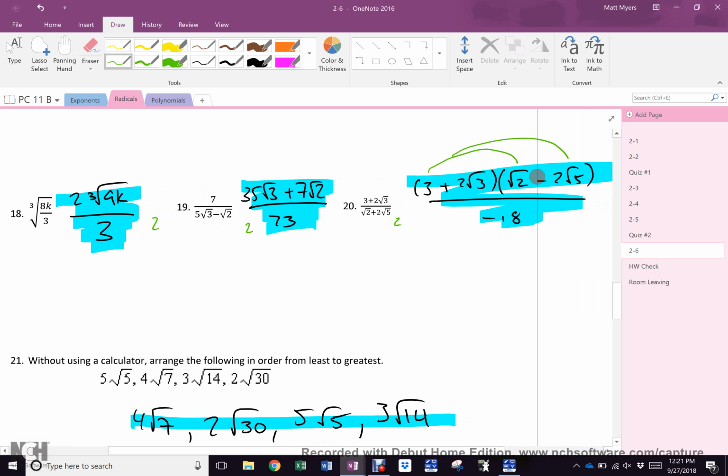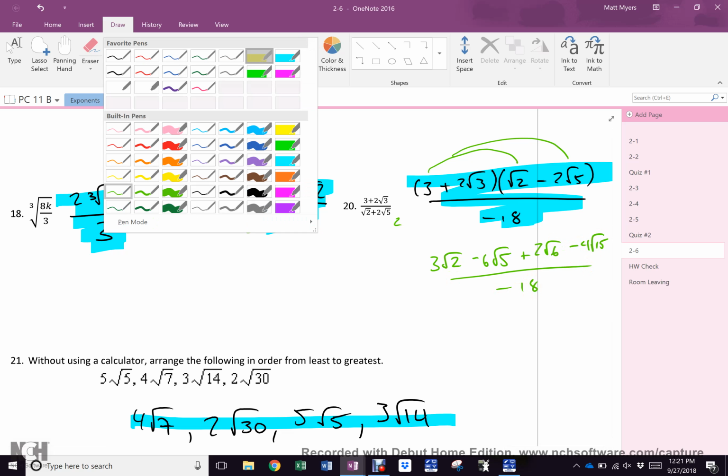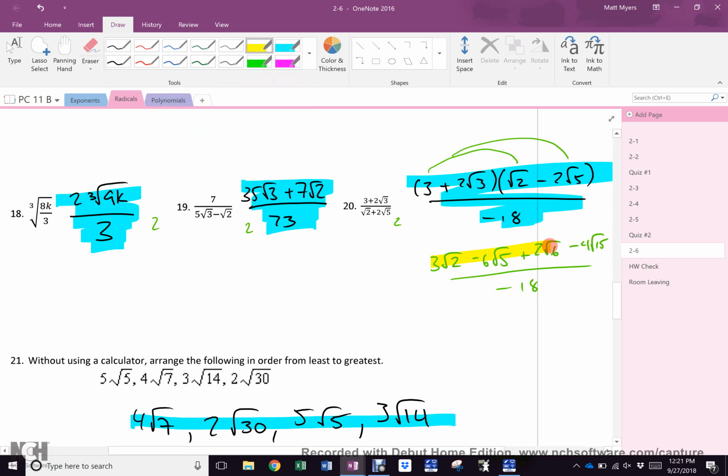But if you did multiply it all the way out, you'd have 3 root 2 minus 6 root 5 plus 2 root 6 minus 4 root 15 over negative 18. And those are all out of 2. And then the last thing's only out of 1 because you only had to know one little trick to do it, right? What's the trick?